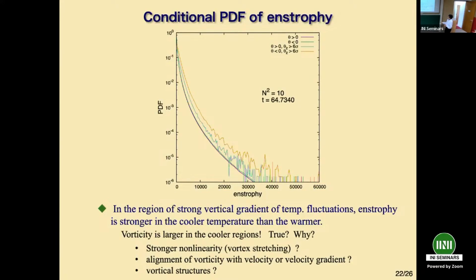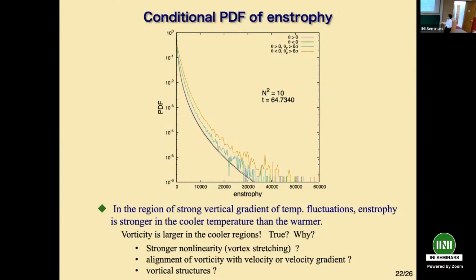And vorticity, in that sense, is larger in the cooler regions. Is it true or not? I'm not 100% sure, and why I'm not sure either.